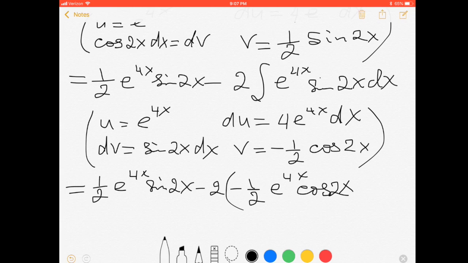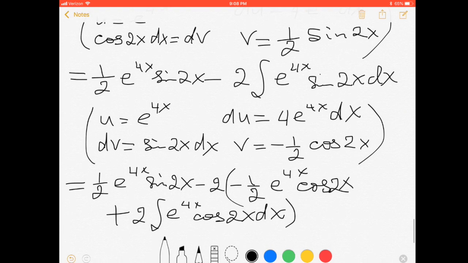Minus the integral of v du, but because we have minus here, it will be plus 4 times 1/2, which is 2, times the integral of e to the 4x cosine 2x dx, close parenthesis.